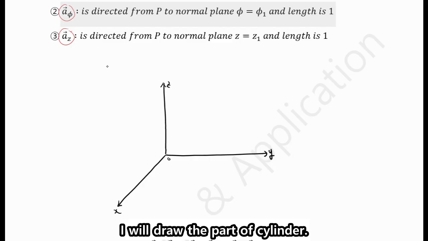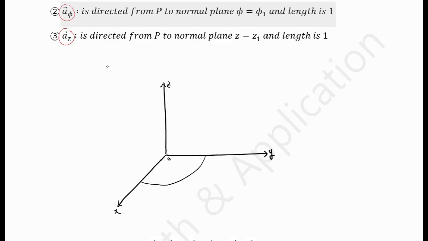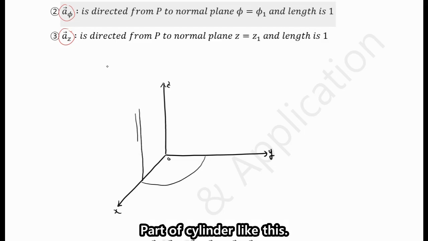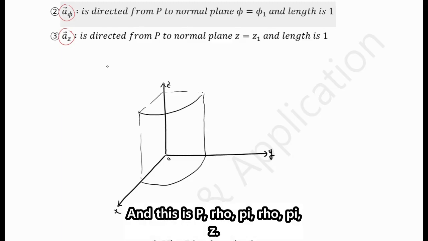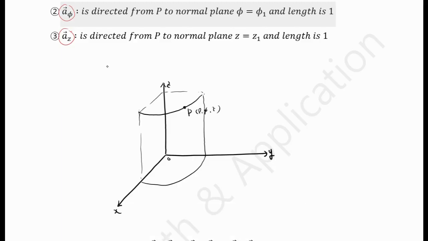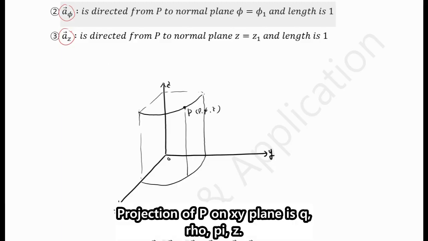I will draw part of the cylinder like this. This is part of the cylinder, and this is P, (rho, phi, z), and the projection of P on the xy plane is Q, (rho, phi, 0).